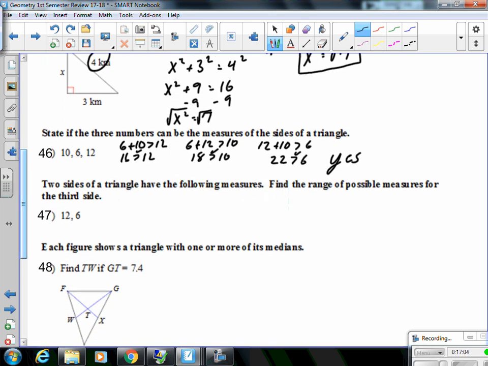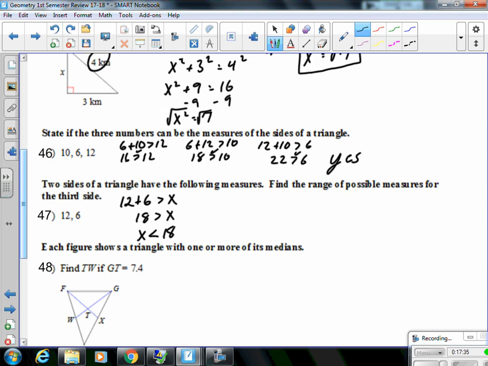All right, two sides of a triangle have the following measures. Find the range of possible measures for the third side. So any two sides added together have to be greater than the third side. So those two sides added together, 12 plus 6, would have to be greater than whatever that third side is. So 18 is greater than x, or flip that around, x is less than 18.